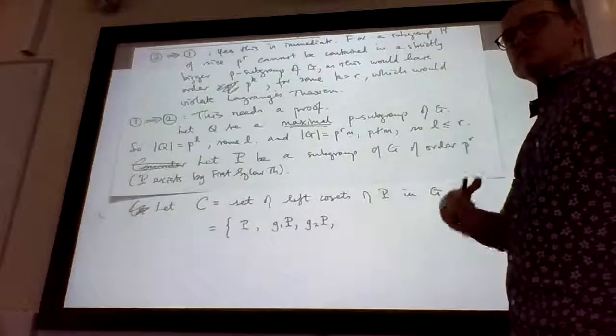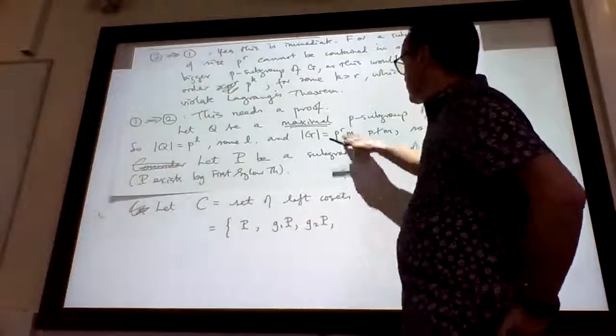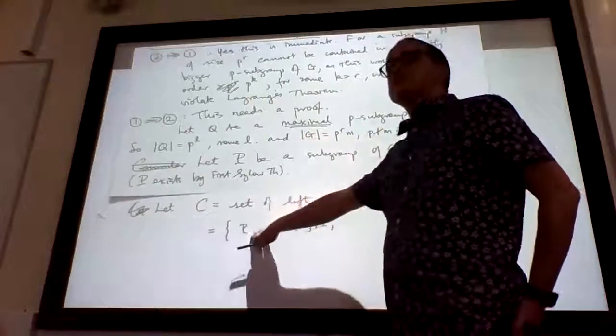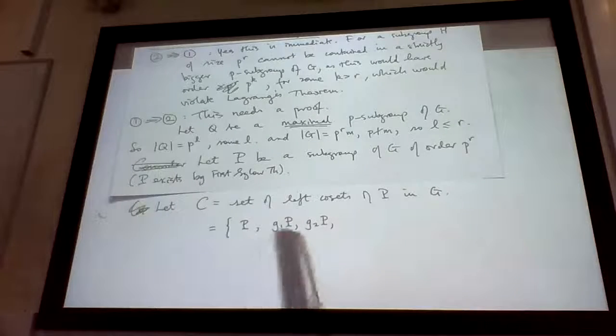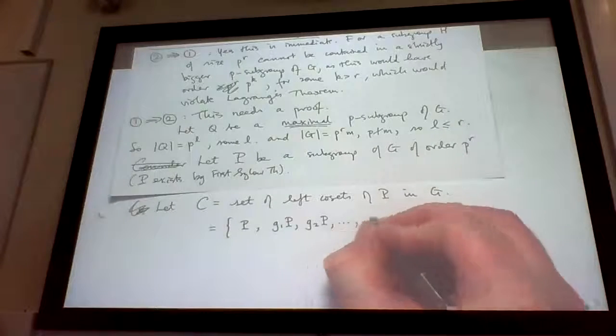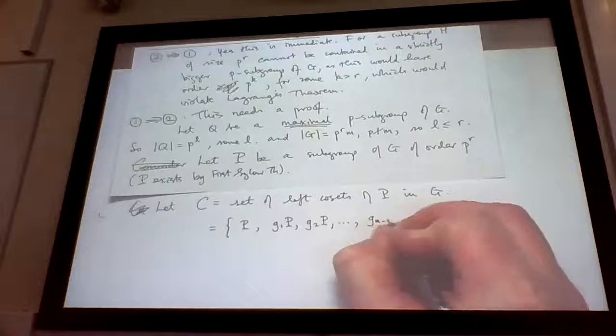This was how we proved Lagrange's theorem. So the number of left cosets is just the quotient of the size of G divided by the size of P. So it's this number n. If I've got P itself and then g1, g2, this indexing is going to go up to g(n minus 1).